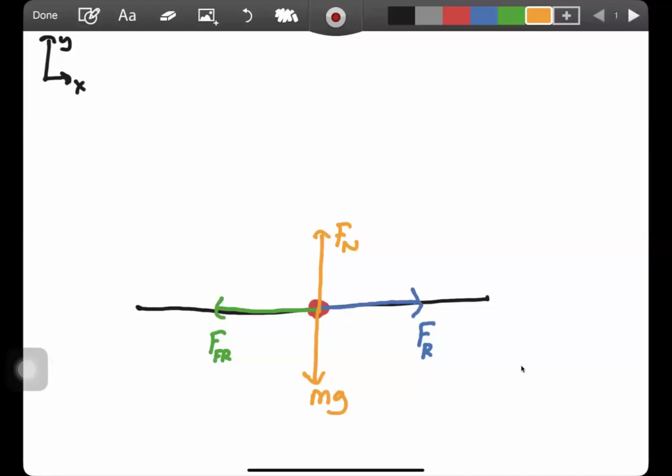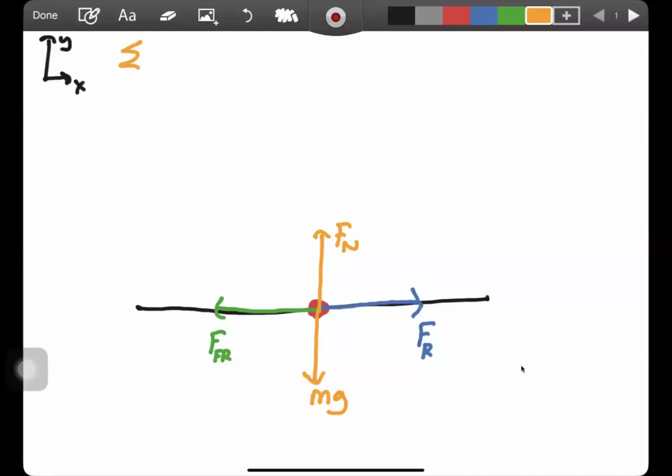We want to write Newton's second law equations for both our vertical and horizontal directions. And so for the vertical direction, I'm going to sum all my vertical forces. That sigma is a Greek symbol for sum of. And so I have upward as positive y and downward as negative y. That's typical convention.